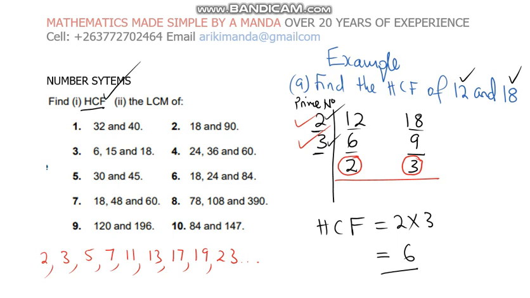This method is fairly simple. I'll just offer a brief recap. You divide by prime numbers. The common prime numbers that can get into the given numbers are the numbers that we are looking for. We find the product of those numbers, and the answer that we get is our HCF.